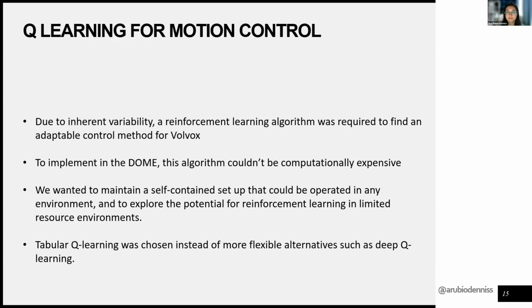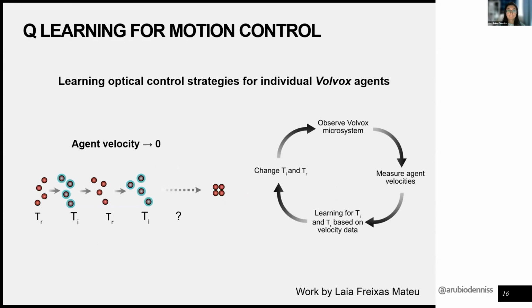So she explored a relatively simple tabular Q-learning approach, rather than anything super complex. We wanted to see what we could do in quite a limited resource environment. The idea is to get the agent velocity to 0 by figuring out how to tune these parameters: observing our system, tweaking the parameters, and seeing what seemed to be effective.